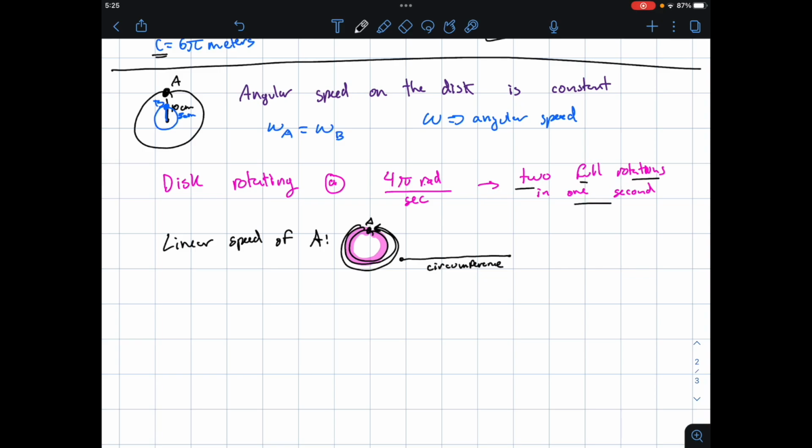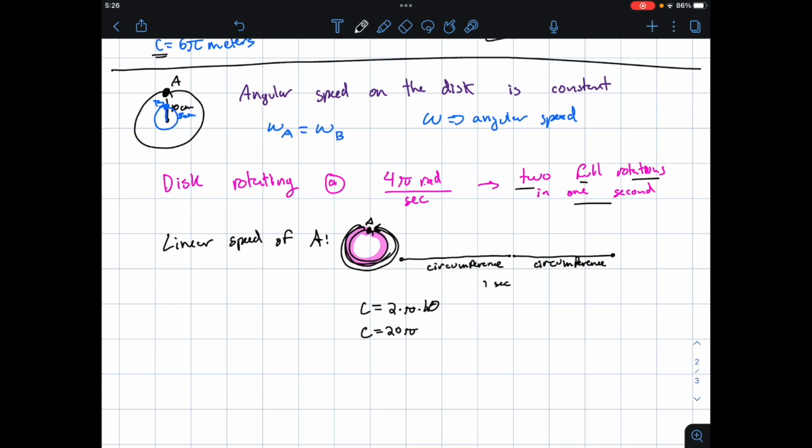So that means it does the circumference, and then the circumference again, in 1 second, all over the time increment of 1 second. If we wanted to know the circumference of the circle that contains point A, we know the radius, so the circumference is 2 times pi times the radius, and the radius is 10, so the circumference is 20 pi.